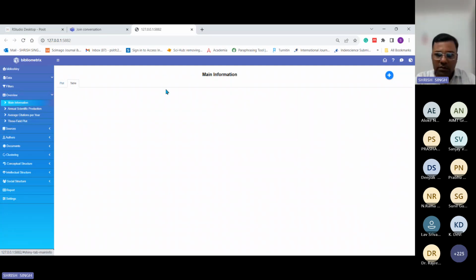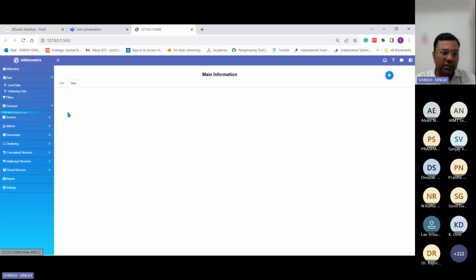Why is it not working? Let me check once again. From must be finite numbers. Okay, I think there is something wrong with the BiblioShiny data.